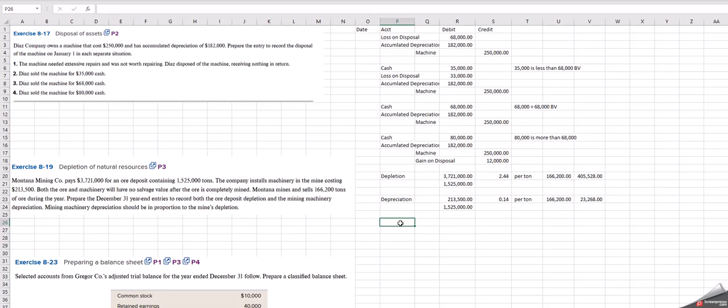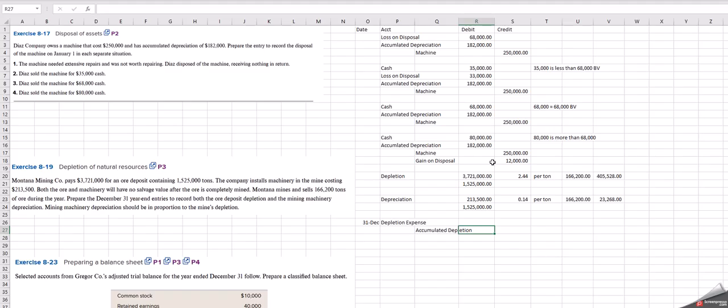So then our journal entry would be to debit. Let's say it's the end of the year. We're going to debit depletion expense, and then credit accumulated depletion. Our debit to depletion expense is $405,528, and our credit to accumulated depletion is $405,528.